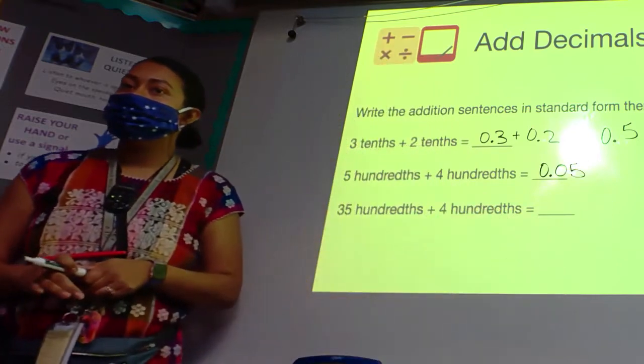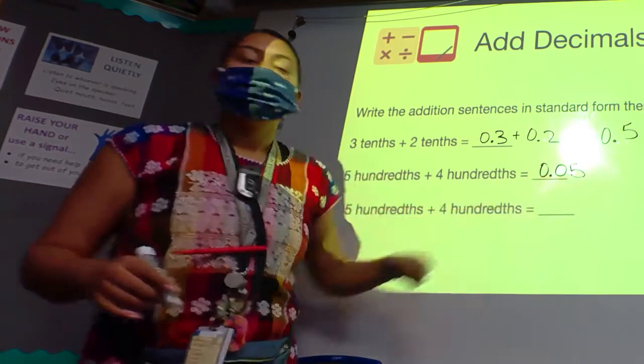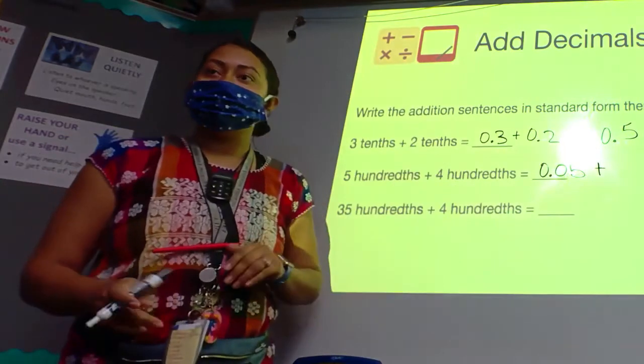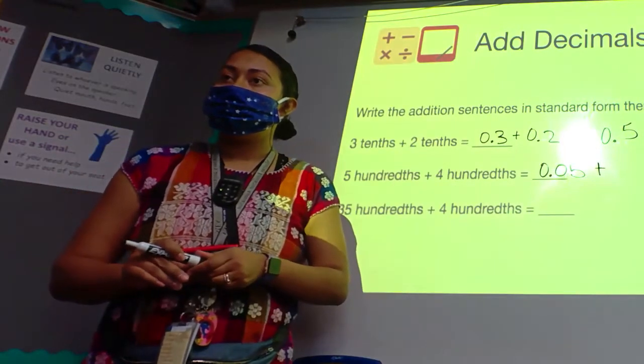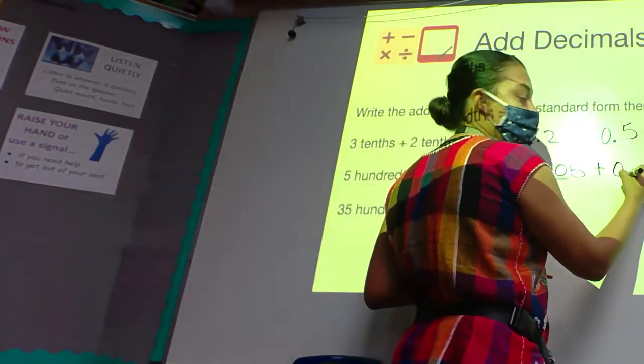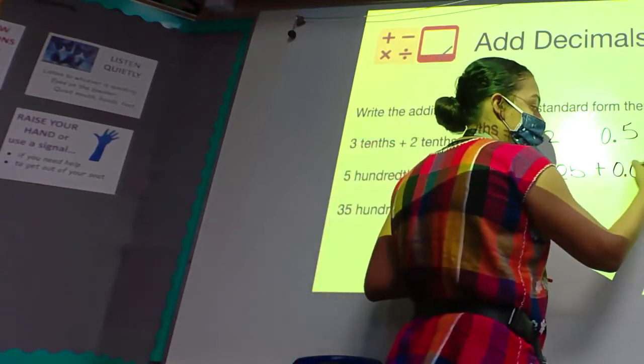Write it down. All you have to do is plug in that 5. Look at your paper. Plus, how do we write 4 hundredths as a decimal in standard form? 0.04.